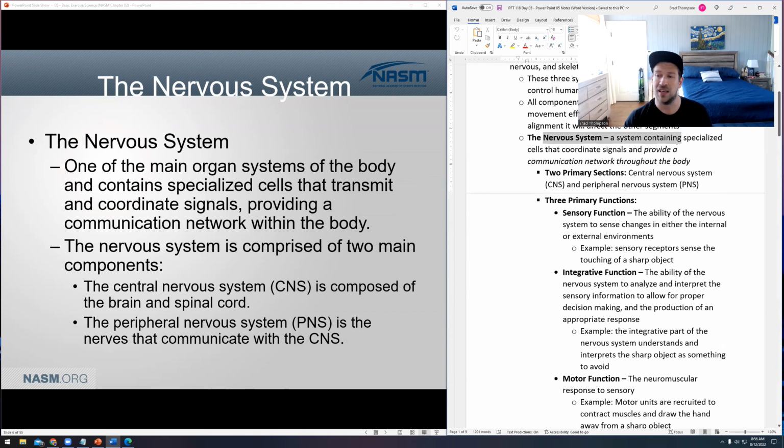Your nervous system, the NASM definition, is a system containing specialized cells that are responsible for coordinating signals to provide a communication network throughout the body. That sentence right there is the sentence that they like to throw onto your homework. So it provides a communication network within the body. Think about what a communication network is.